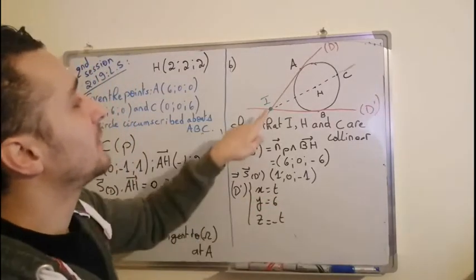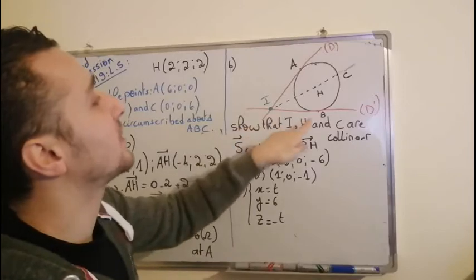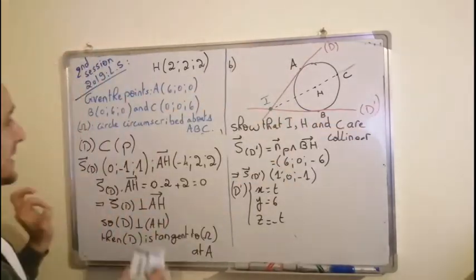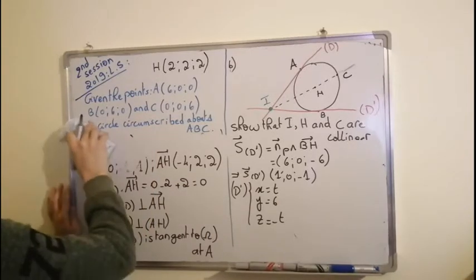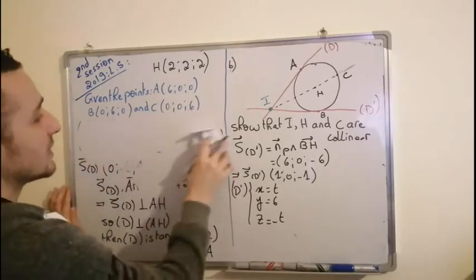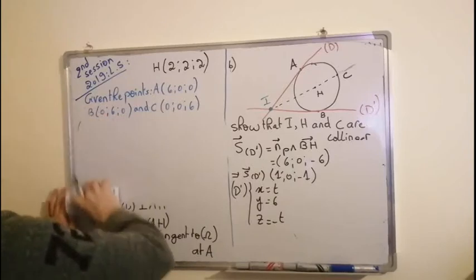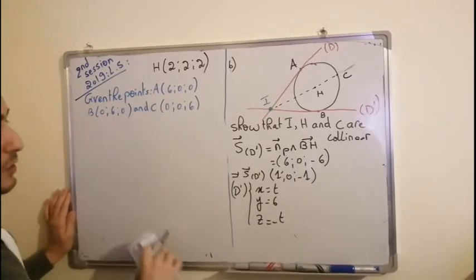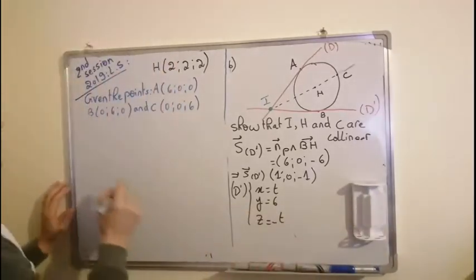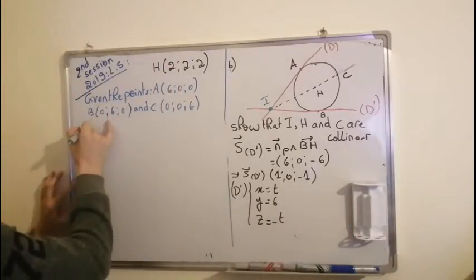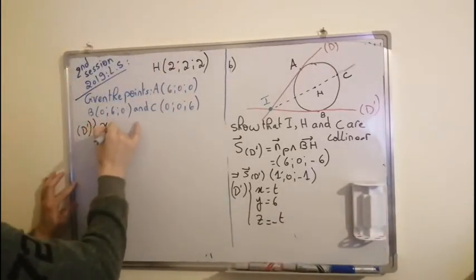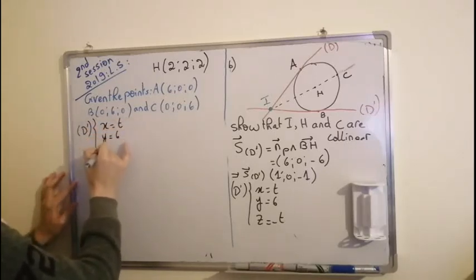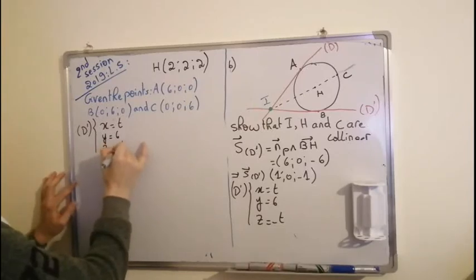Why? Because we know that I represents the point of intersection between D and D prime. Now I make a system between the two straight lines D and D prime to calculate the coordinates of the point I. D prime: x equals t, y equals 6, z equals minus t.